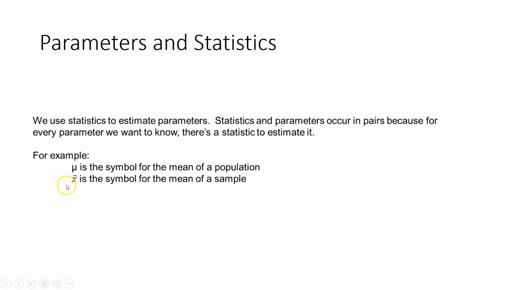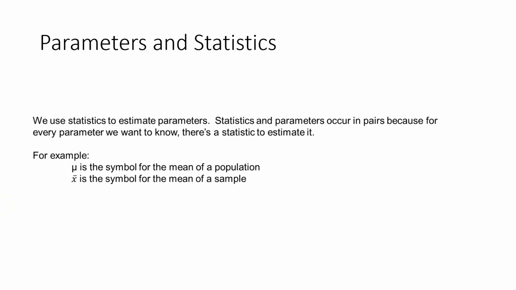I want to go ahead and give you these two symbols because they are going to come up from now until the end of class. So you might as well memorize these. This Greek letter that looks like an M is a mu, and that's the symbol for the population mean.